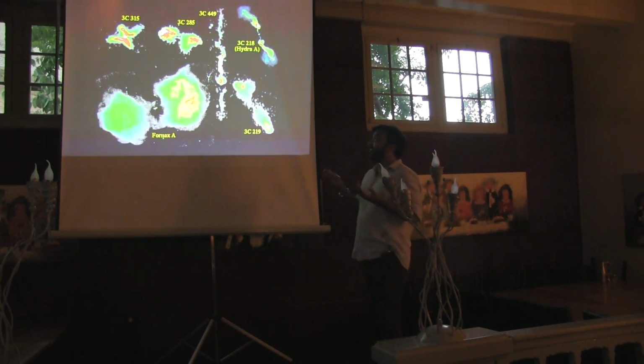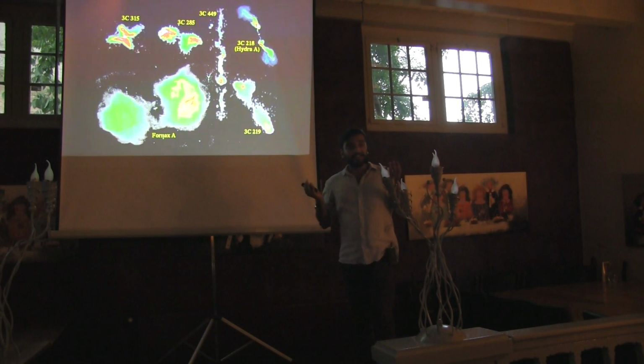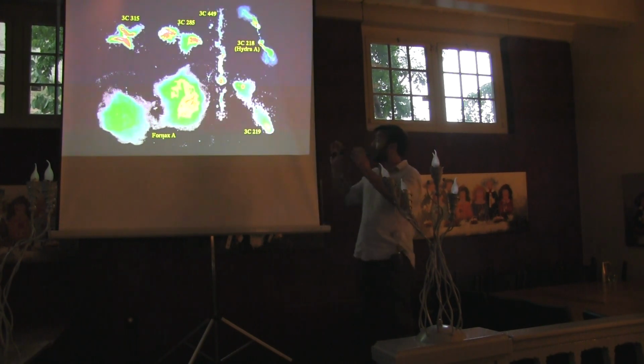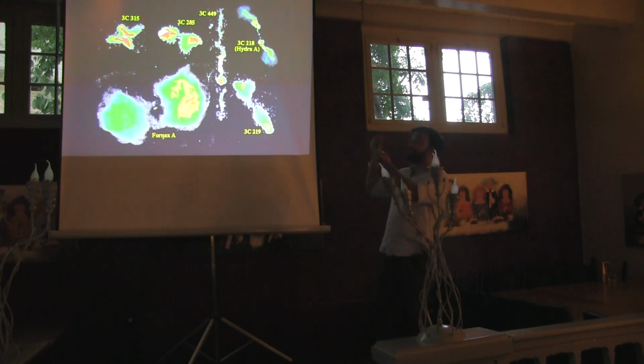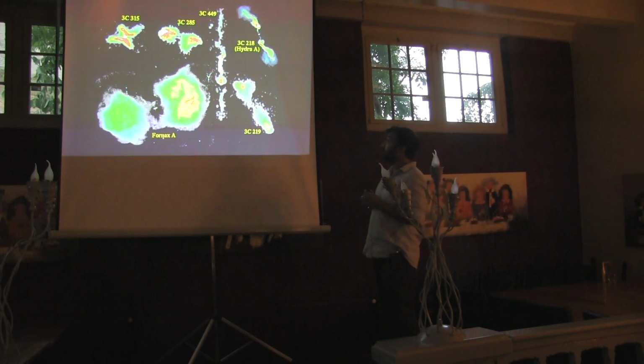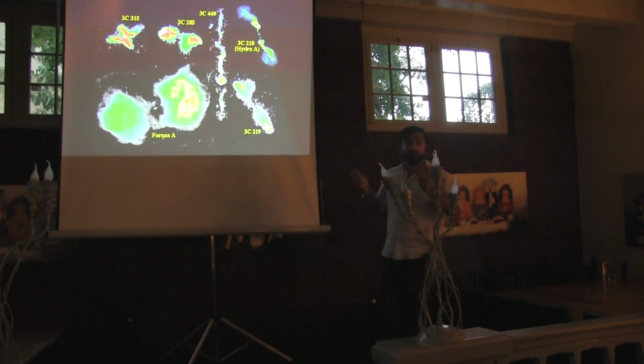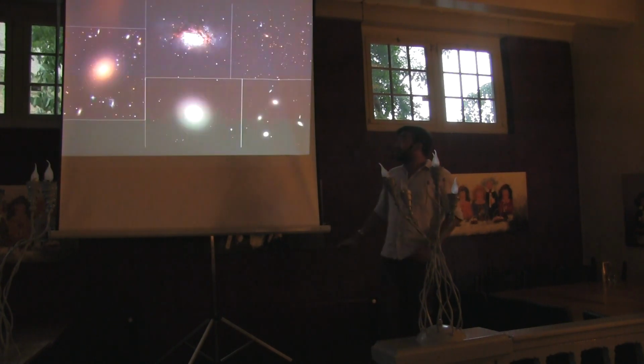And you can see immediately that there's all kinds of things happening. There are these fuzzy blobs, these little jets that are along the same line, and something in the middle which is very bright, and all kinds of shapes and sizes.